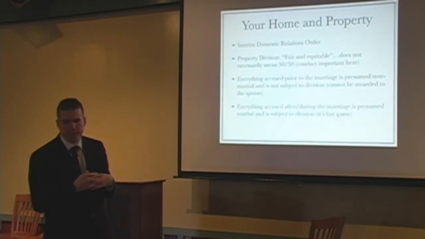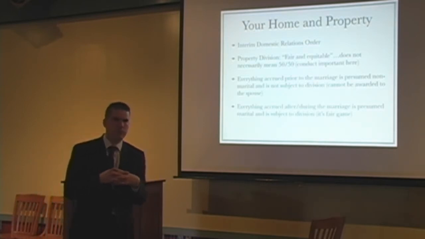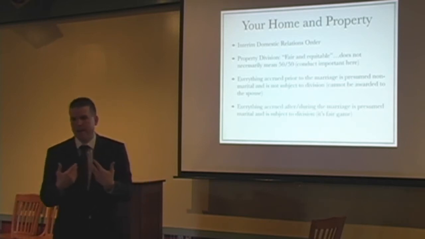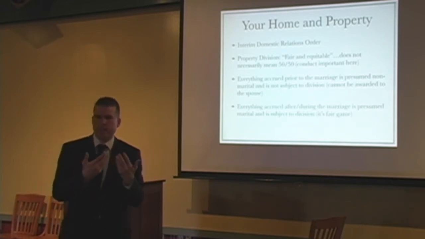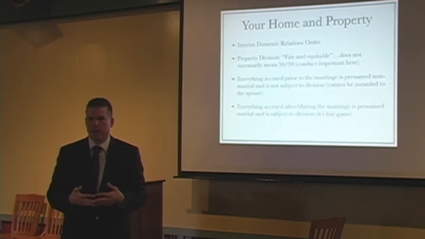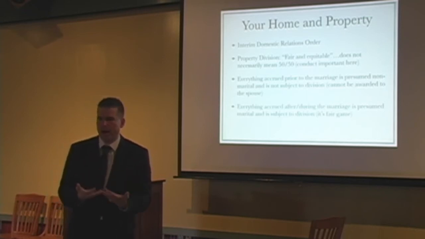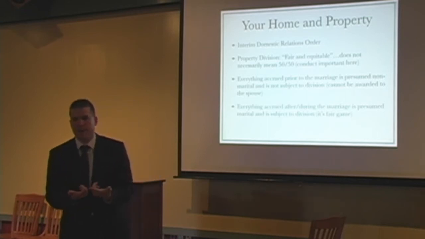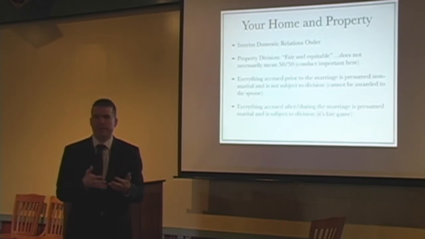A couple of presumptions exist when it comes to dividing the property between two people who are getting divorced. And essentially, they are divided between non-marital and marital property. Anything that is accrued prior to the marriage is presumed to be non-marital property and is not subject to being divided.